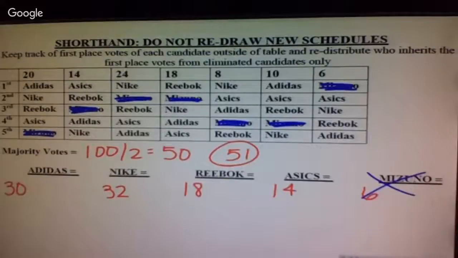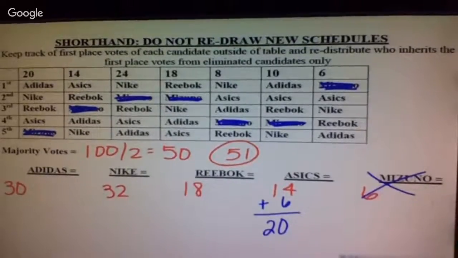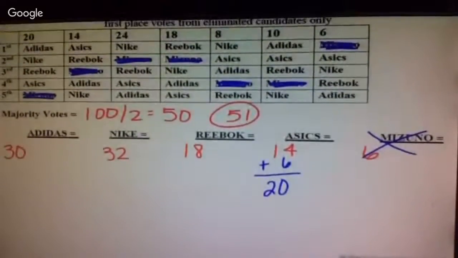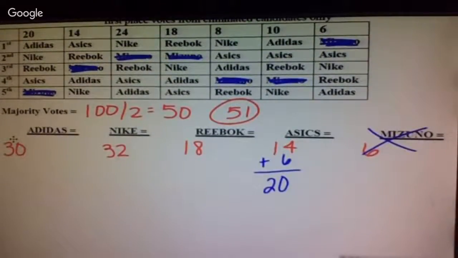These 6 points are now going to go to Asics, so we add 6 and they're now at 20. Okay. Are we still okay? Nobody has a majority yet.